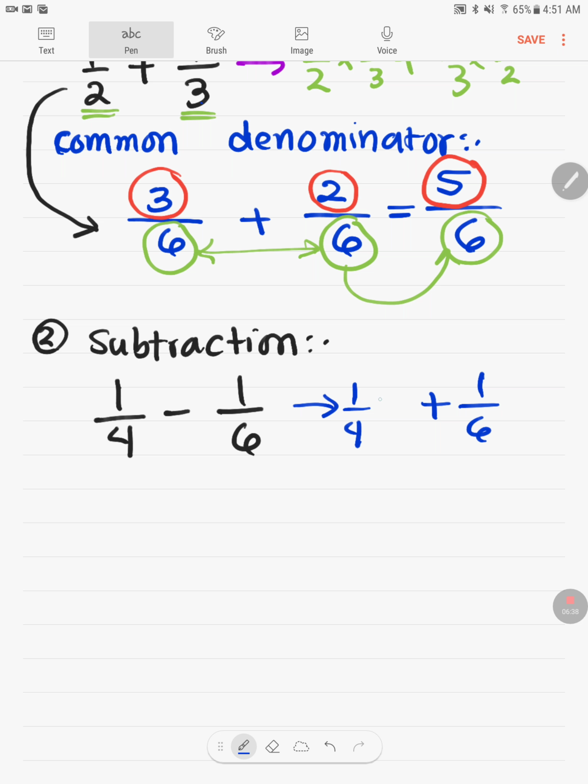So to make this 4 into a 12, we need to multiply by 3/3. And to make this 6 into a 12, we need to multiply by 2/2.